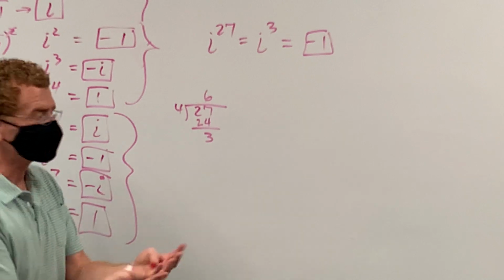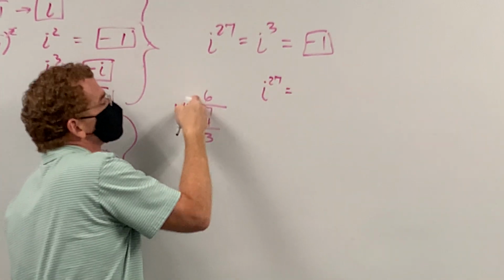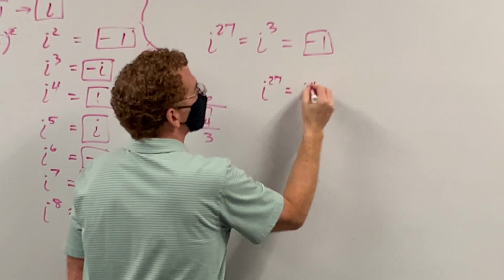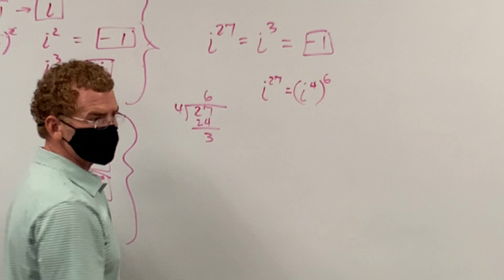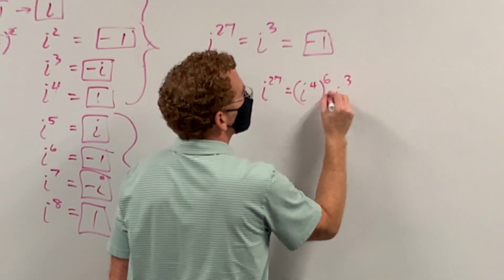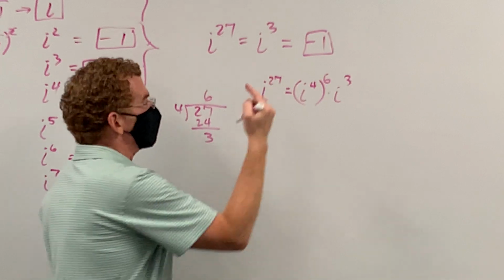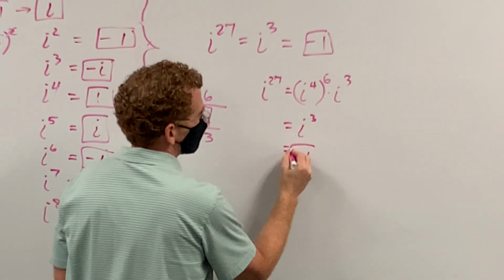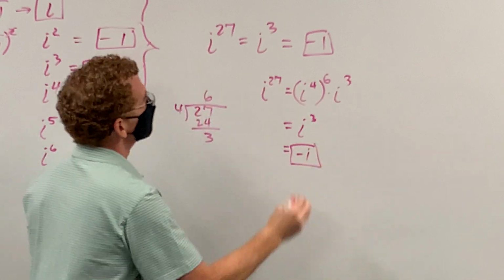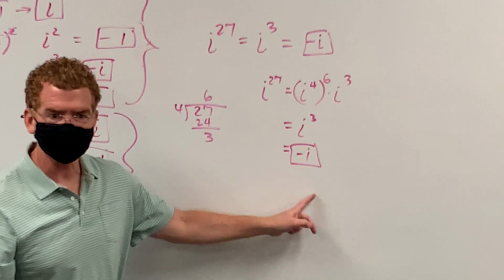But what you're really doing is saying, okay, i to the 27th is really 6 i to the 4th. That represents 24 of those i's, right? With 3 i's left over. And since each i to the 4th is equal to 1, and 1 to the 6th is 1, I just end up with this. Sorry. Not -1, dang it, -i. Are y'all tracking with me?